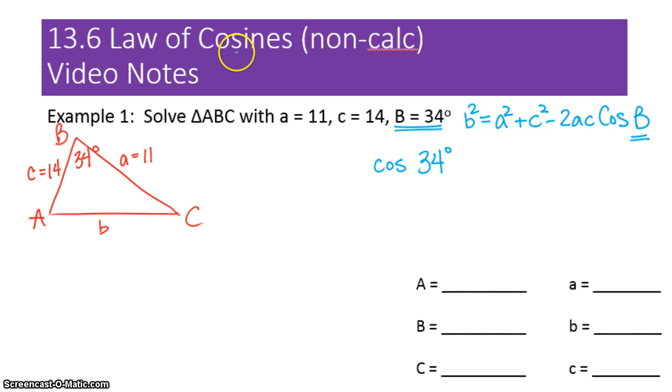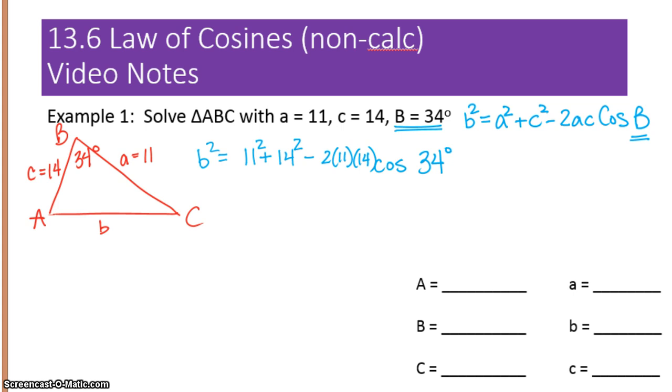Okay, so B squared is unknown, so we're going to put that over here, equals A squared, which is 11, so 11 squared, plus C squared, which is 14, minus 2 times 11 times 14. When you're solving for this outside piece and you have everything in here, you're going to want to enter it into your calculator straight as it is, working from left to right.